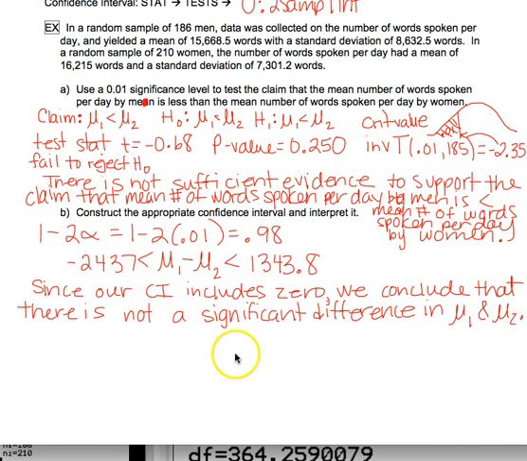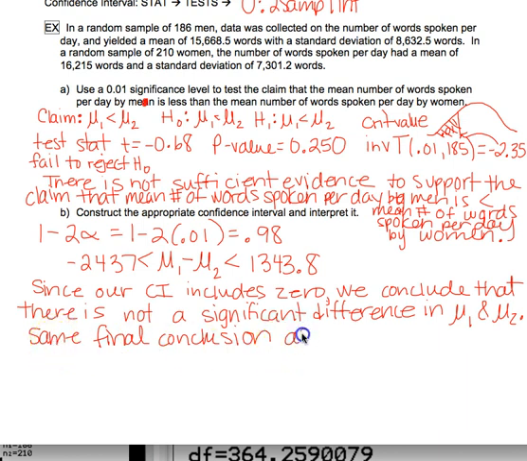So if there's not a significant difference, that means that they could be the same. If they could be the same, then we can't confidently say less than like the claim. So just like it said here, we didn't have sufficient evidence to support that it's less. We're saying the same thing here in a different way. So again, as long as you're using the same situation, I don't need you to rewrite out the same final conclusion.